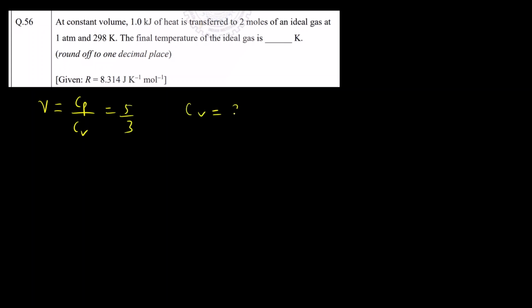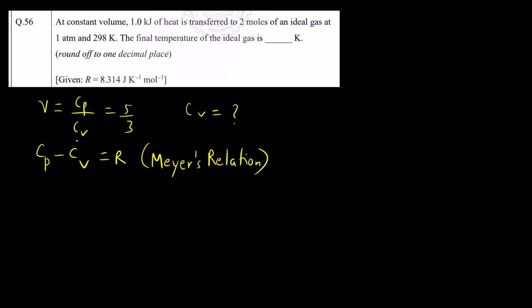We want the value of Cv. We must know another relation, that is Cp minus Cv is equal to R. This is called Mayer's relation. Using this Mayer's relation, we can find the value of Cv.